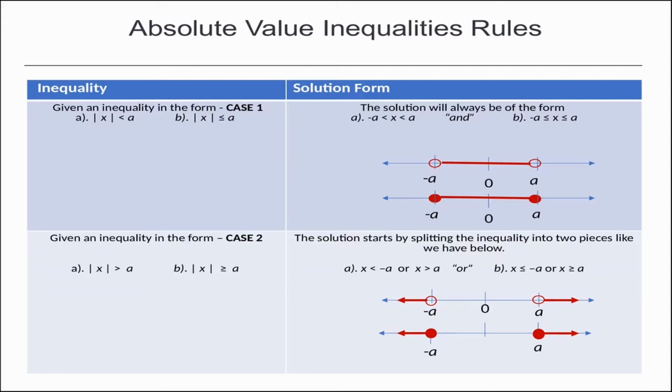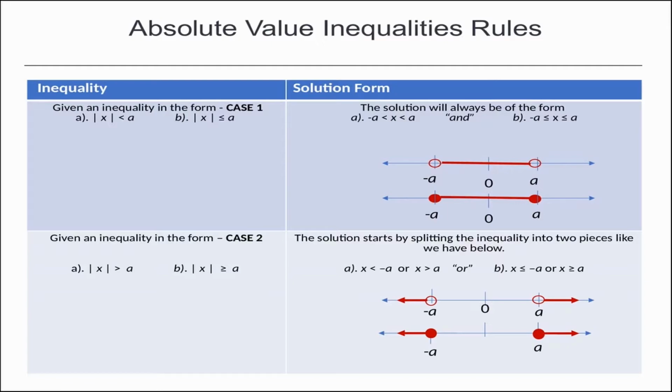We will have x is less than -a or x is greater than a. If we're dealing with a greater than or equal to sign in case 2, the solution will be as follows. x is less than or equal to -a, or x is greater than or equal to a positive a. And the graph will follow the model below.